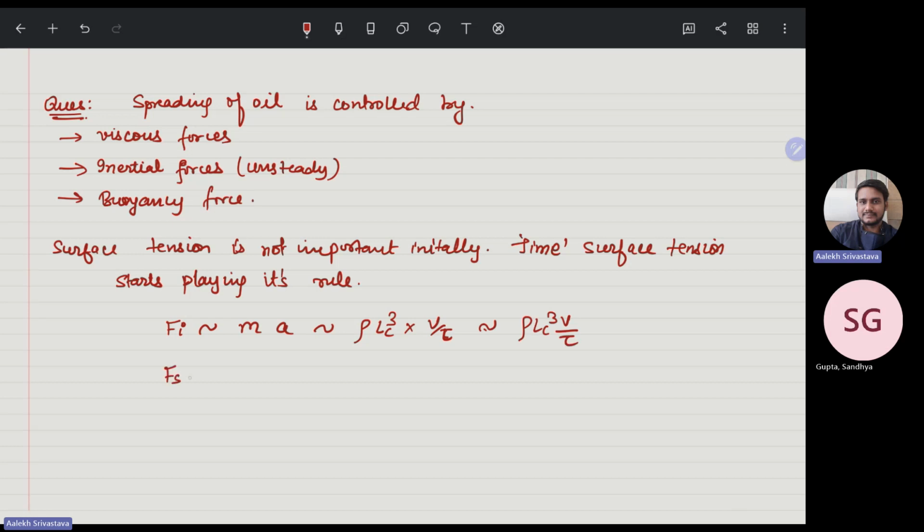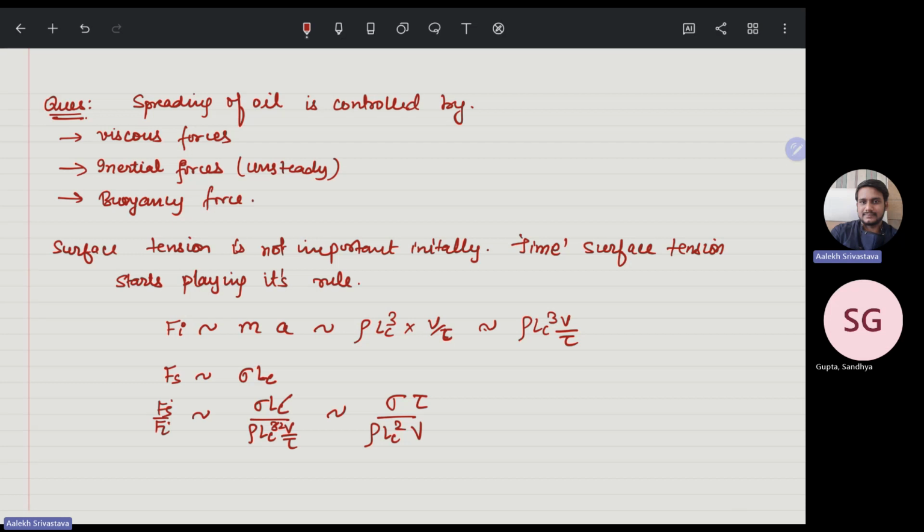Now what is the surface tension force? It is sigma into Lc, some characteristic dimension. Now if I say Fs by Fi, it is sigma Lc by rho Lc cube into v by tau. So this will be squared. It is sigma by rho Lc square v by tau, or I should give tau at the top side.